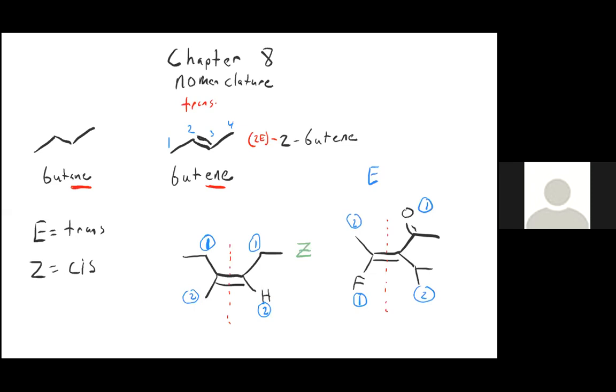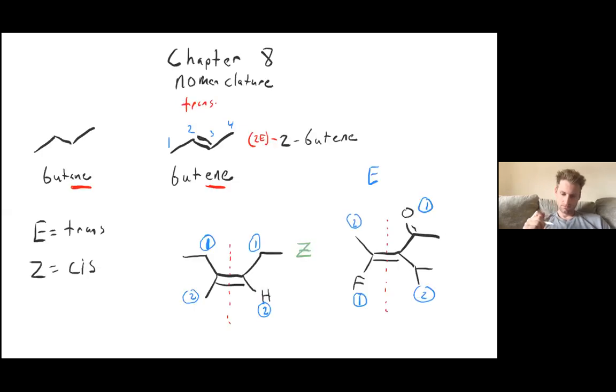Okay. Let's take a look at, so which factor do we base the priority on? It's the same priorities as you were doing when you were determining R and S for a structure. So when you were doing R and S, like for this structure, for instance, you would say, because the fluorine is a larger atom, this would be our number one priority.